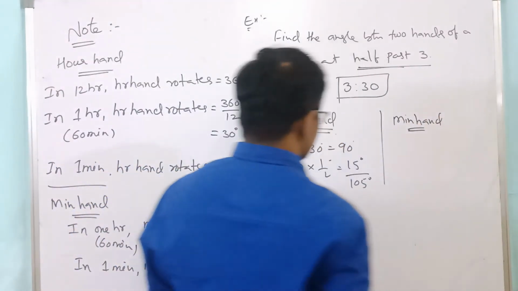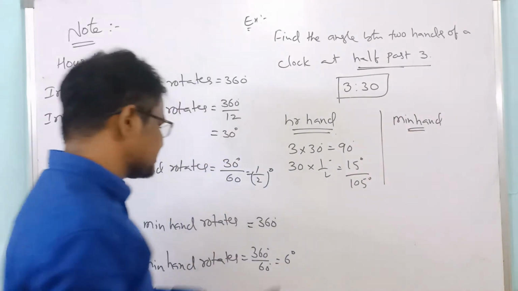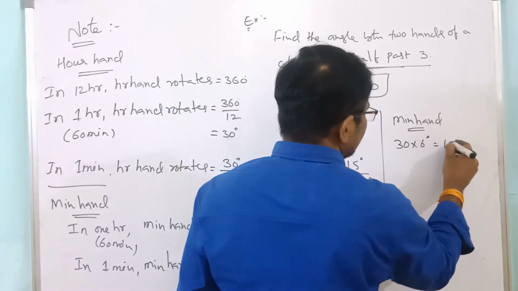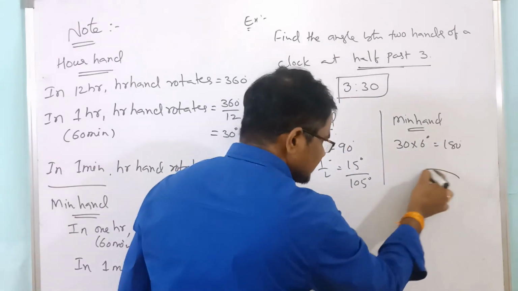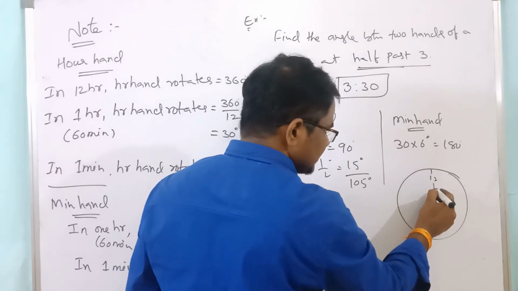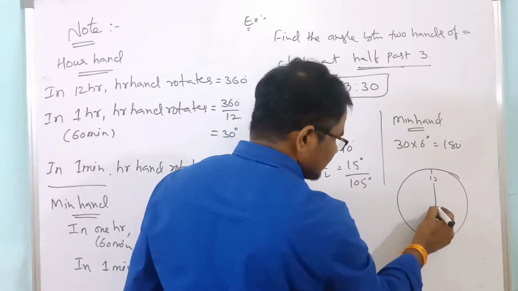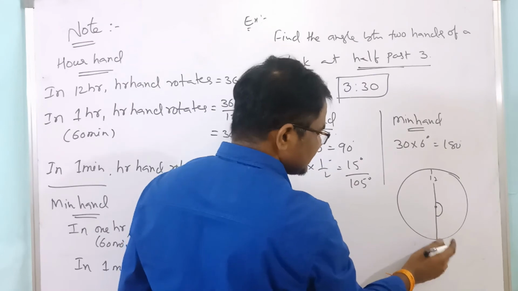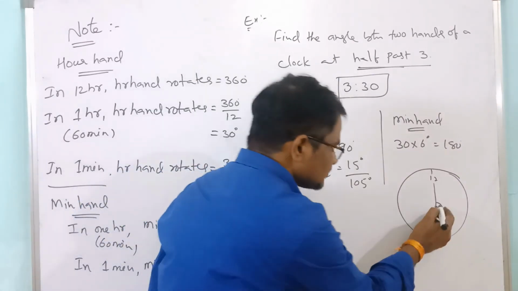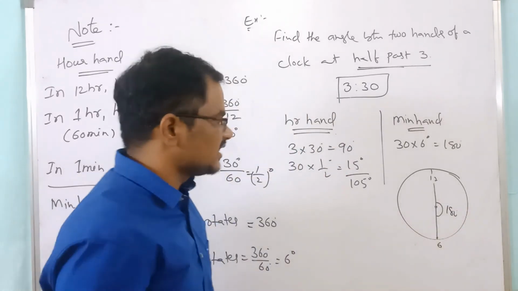For every minute the minute hand rotates 6 degrees, so that's why 30 into 6, 180 degrees, right? Because here this is the clock, here 12 is there, the minute hand started here, so 30 minutes means here only, now 6. So how many degrees? 180 degrees only, or not? So like this.